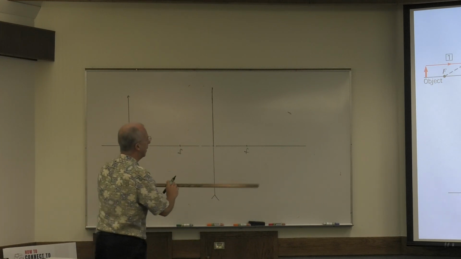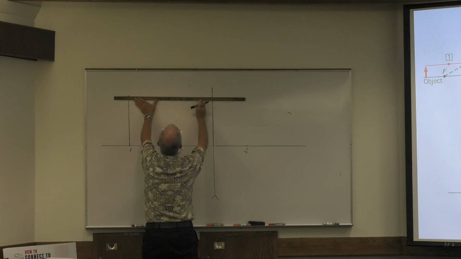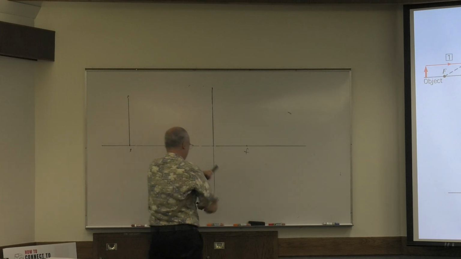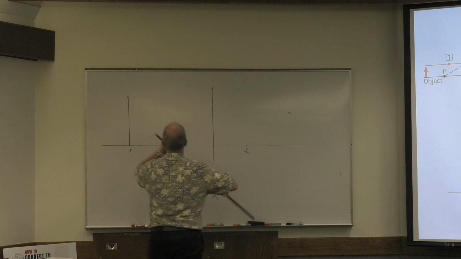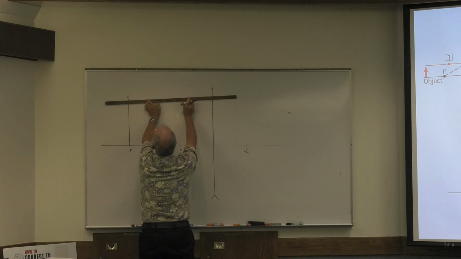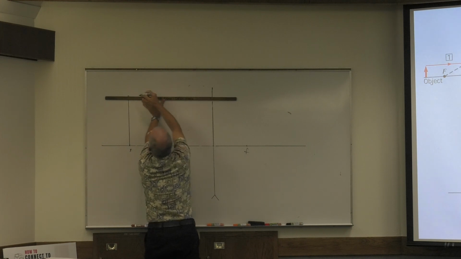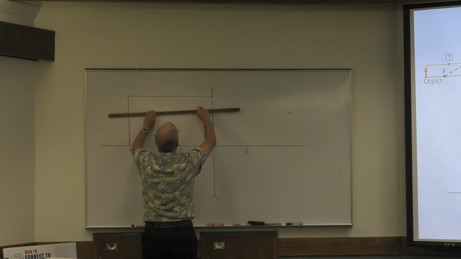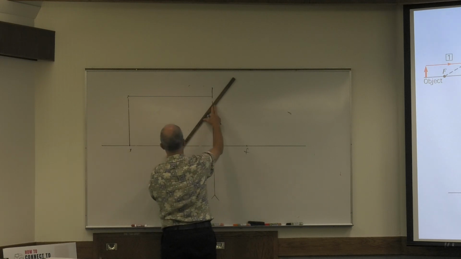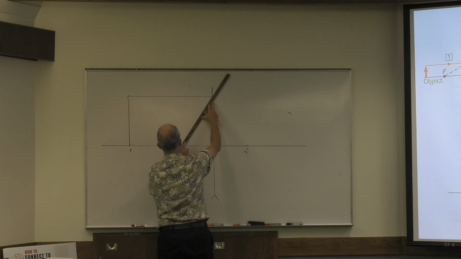All right, number 1, parallel in. Oh, I'm going to use a different color. Parallel in. Then it's going to diverge, but it's focal out. So here you go. Focal out.